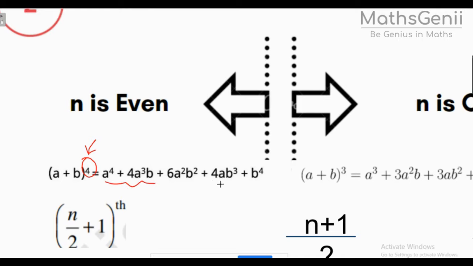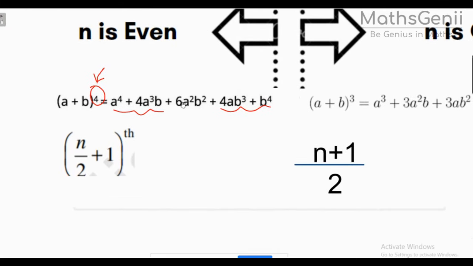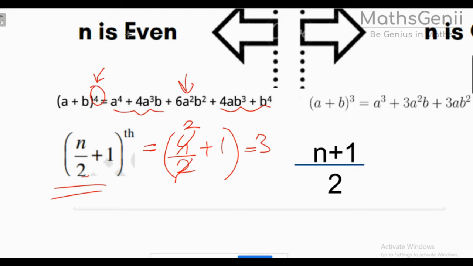From here you have two terms, from here you have two terms, so I can easily say the middle term is the third term. But let me calculate by the formula also. The formula is n by 2 plus 1. n is 4, 4 by 2 is 2, plus 1 is 3. So the third term is the middle term. Very easy to find. This is the middle term formula if n is even.